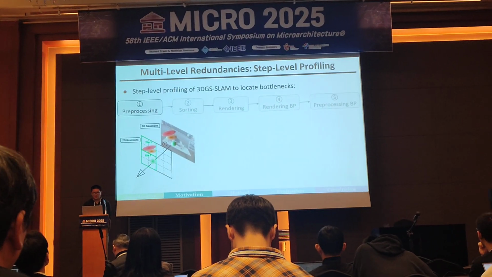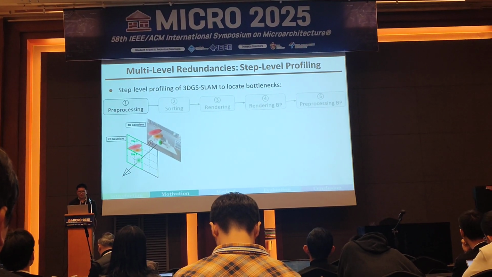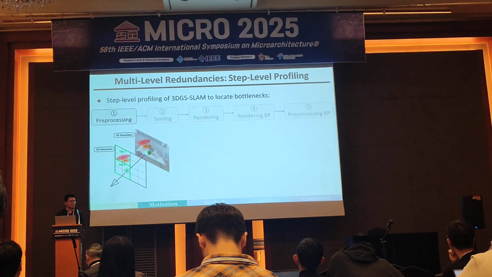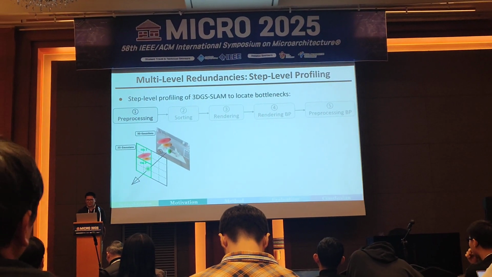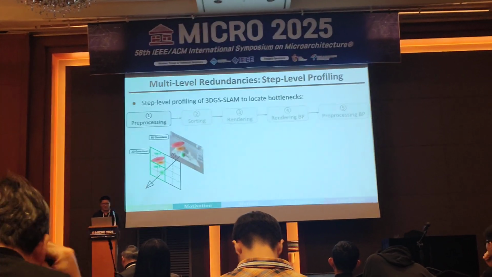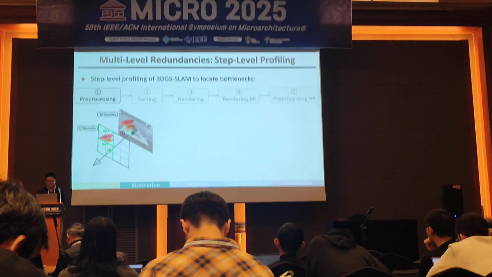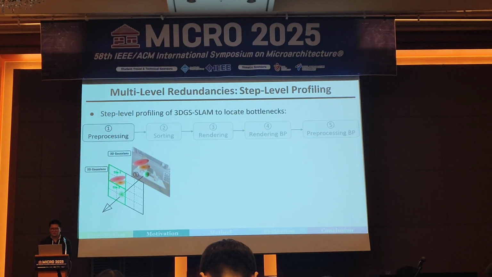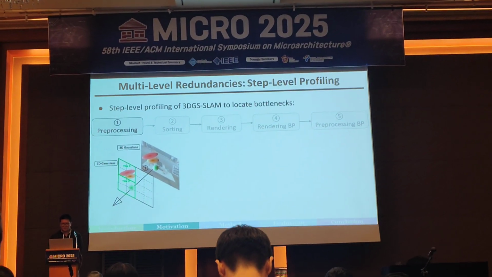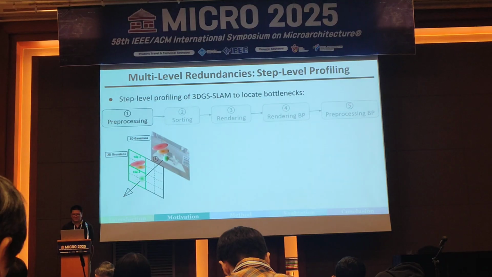We first need to introduce the step-level pipeline before presenting our profiling results on the step level. In each step of 3D Gaussian splatting tracking and mapping, there are 5 stages. The first is preprocessing, which projects the 3D Gaussians onto the 2D image plane. Based on the Gaussian distribution, the scene is divided into tiles.